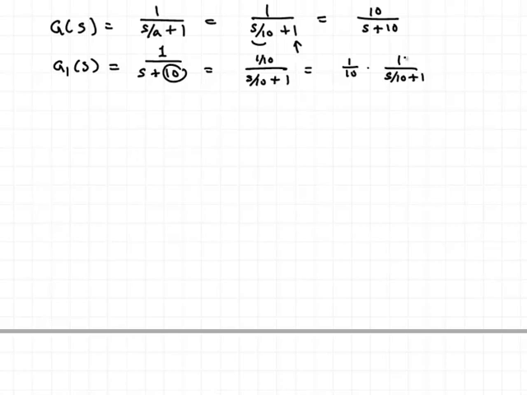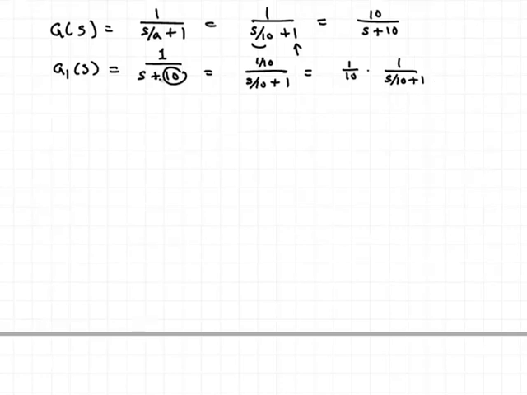Now when I plot the magnitude response of G1, the overall transfer function, I will plot the magnitude of 1 over s over 10 plus 1, which we've already done, and then the whole thing gets scaled by 1/10. Well, in the decibel scale, 1/10 is minus 20 dB, so all I have to do is shift my curve down by 20 dB. Okay, and of course 1/10 does not affect the phase.